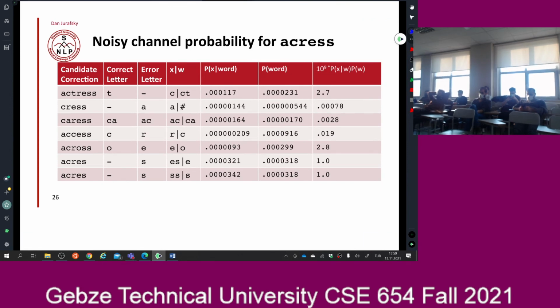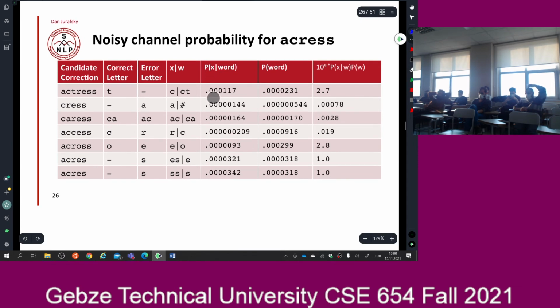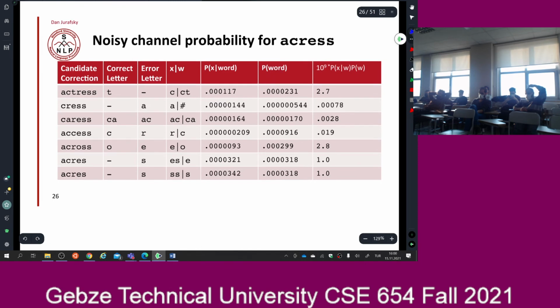So we say here that the probability of the given word given actress is this, but the probability of the word actress is this much.